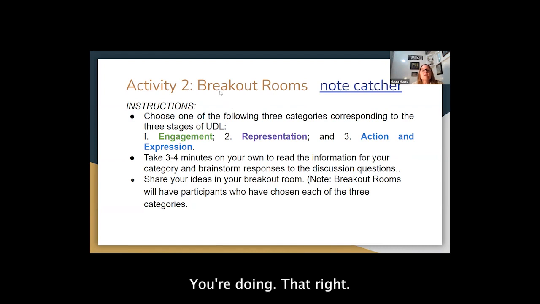Okay. So I'm going to send you into some breakout rooms. Oh, it is not letting me do that. There we go. You should end up with about 5 or so people in a room.